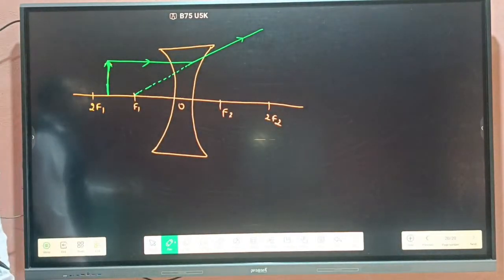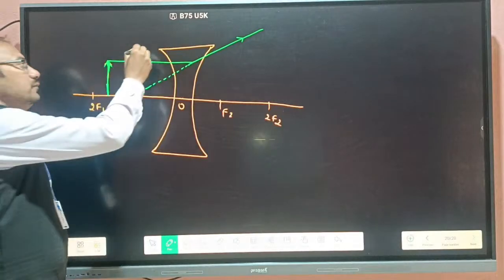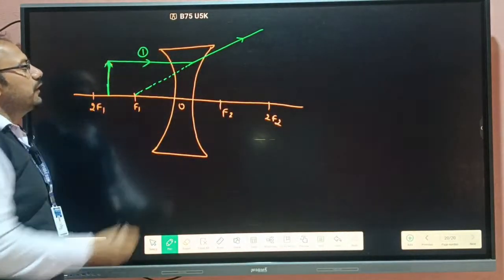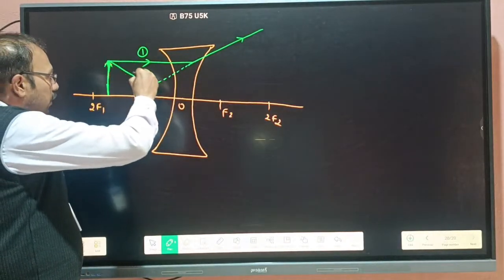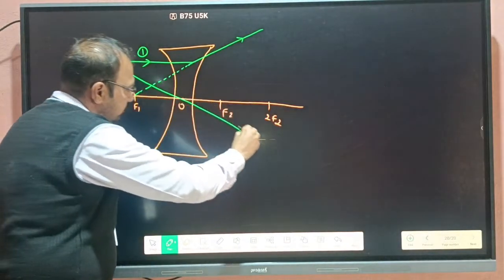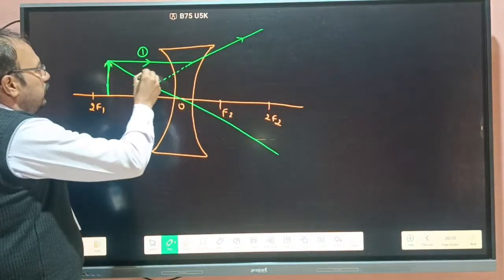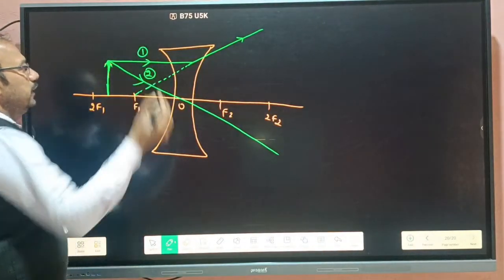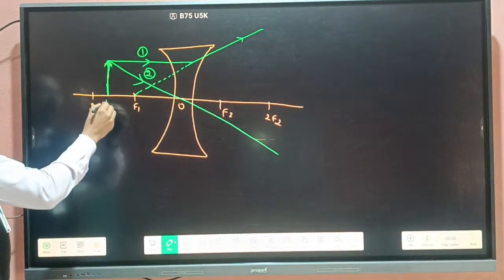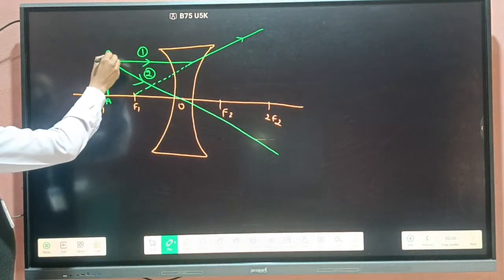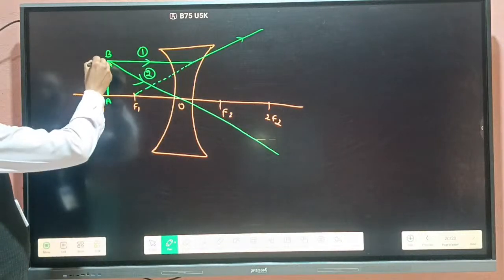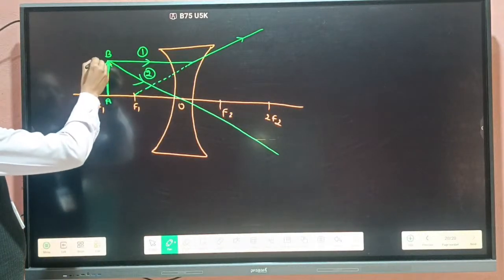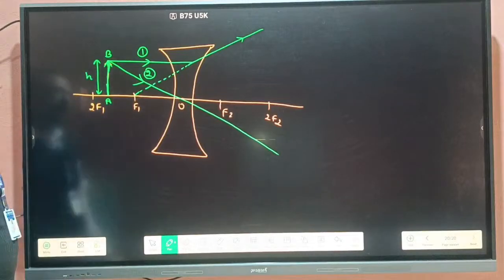Second, we draw another ray that passes through the optical center. This is the second ray. This is AB, the object, and the object height is H.